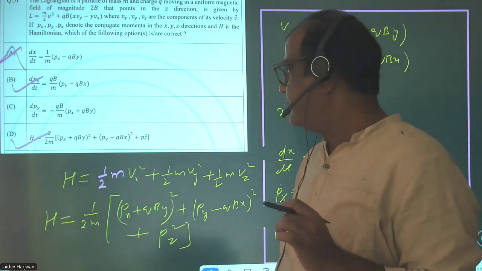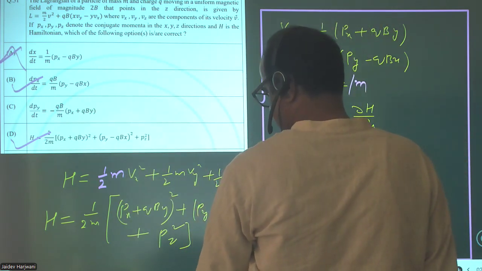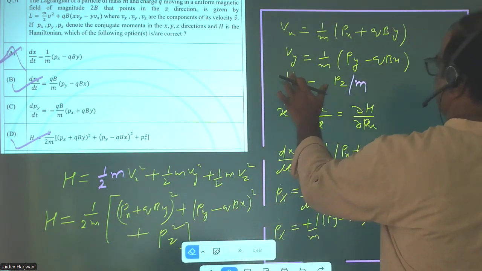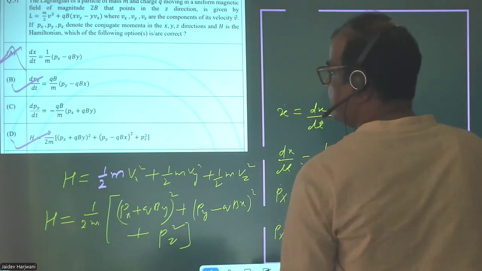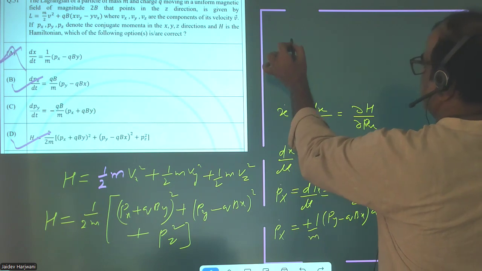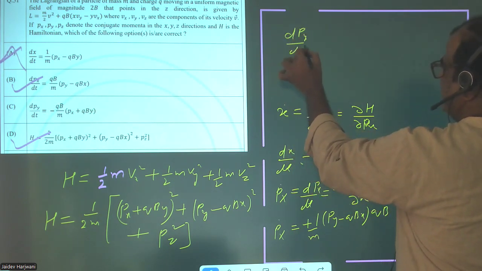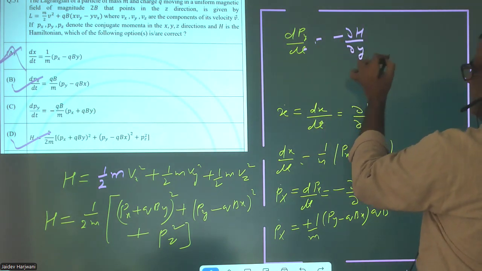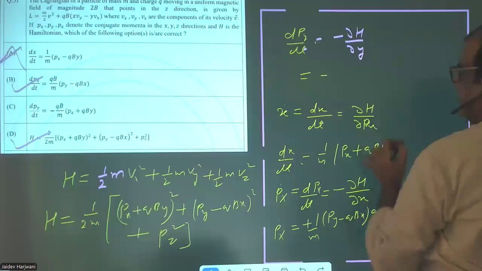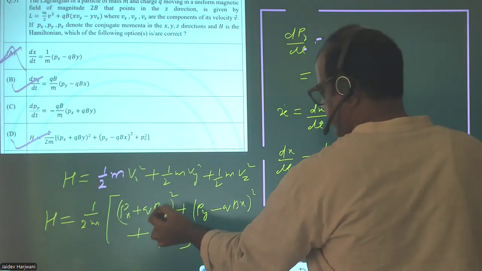Now see the last option, the third option, py. So dpy upon dt is again equal to minus del H upon del y. So this will be minus, we have to differentiate only this y term.